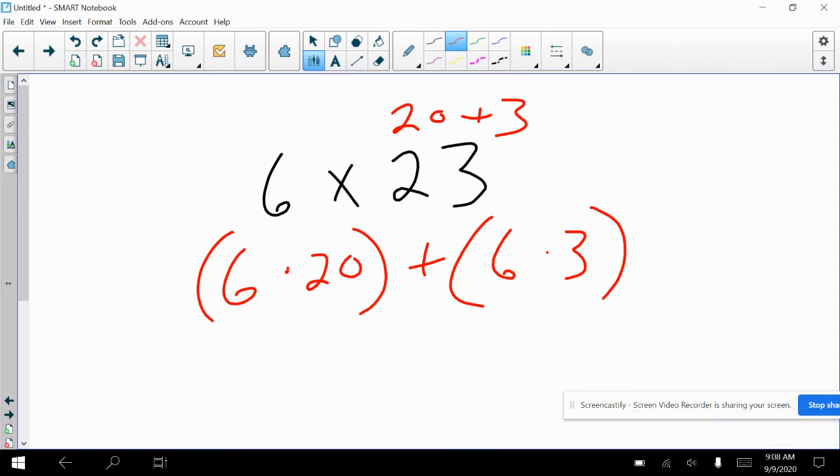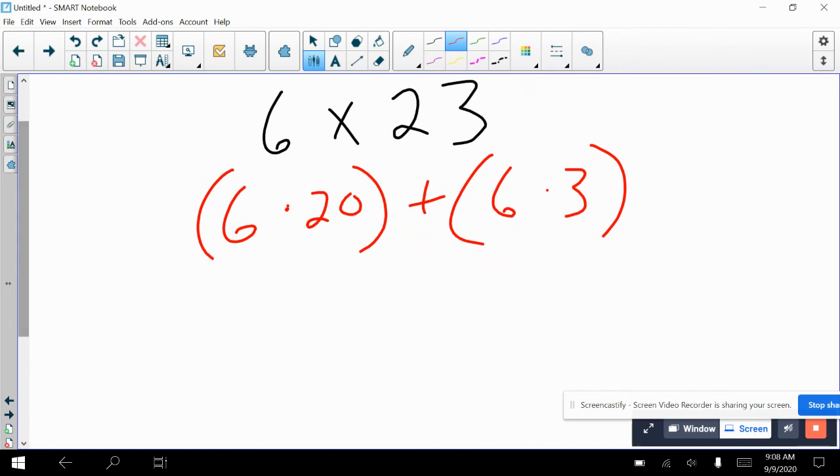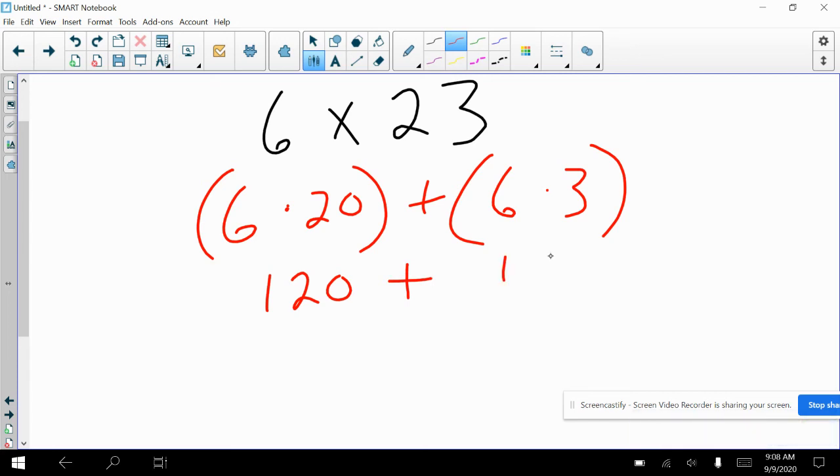Does that make sense? Okay, this is the breaking apart issue, right? We broke apart 23, right? So here we get 120, yes? Plus, here's the put together part, 18. We broke numbers apart and now we're putting them back together. Put together was probably the first term you learned, adding, right?